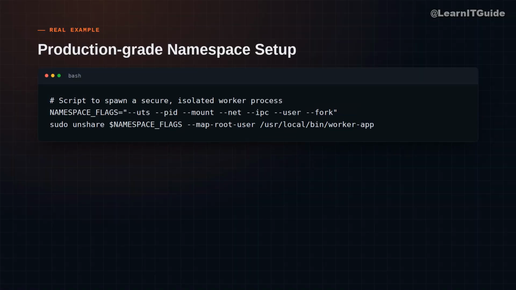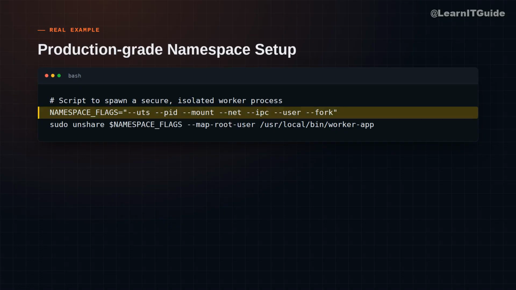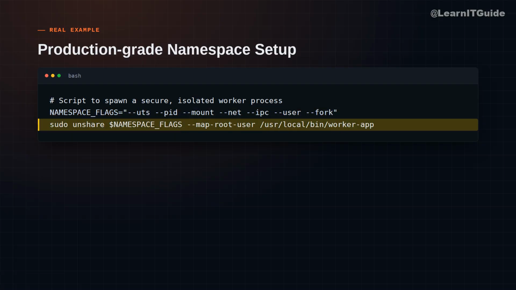In a production environment, you would not do this manually. A senior engineer would use a script like this. We define all 6 namespaces in a variable on line 2. On line 3, we use the unshare command with the map root user flag. This maps the root user inside the namespace to a non-privileged user on the host.